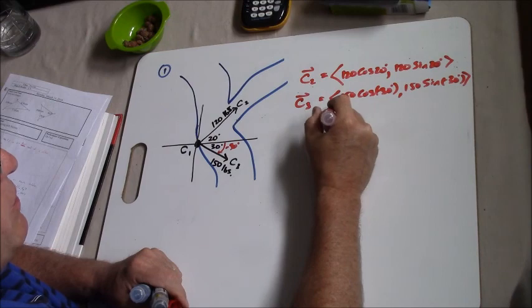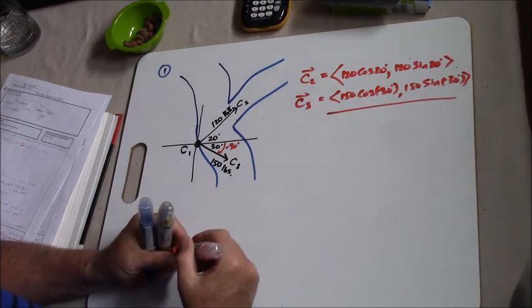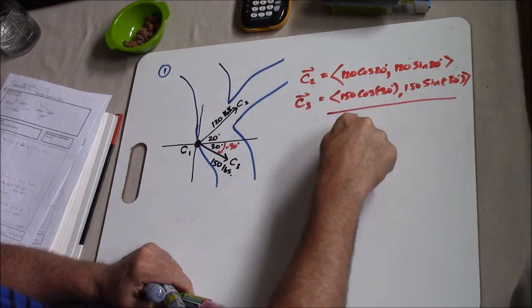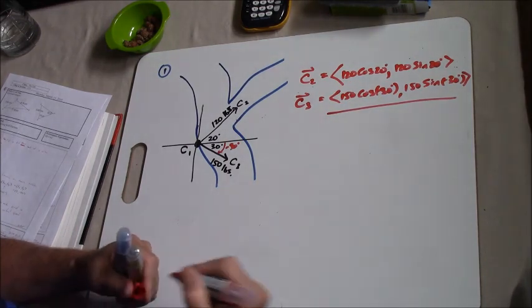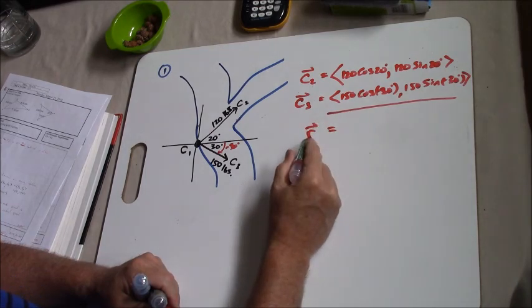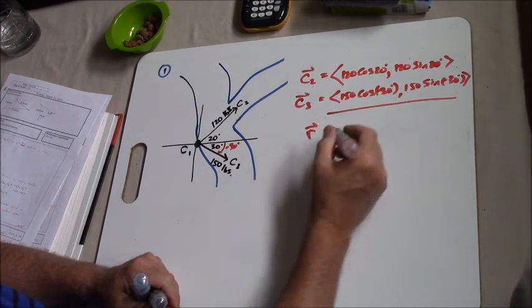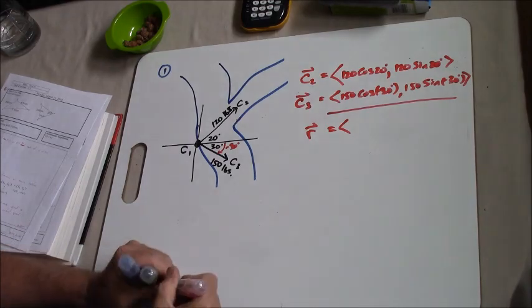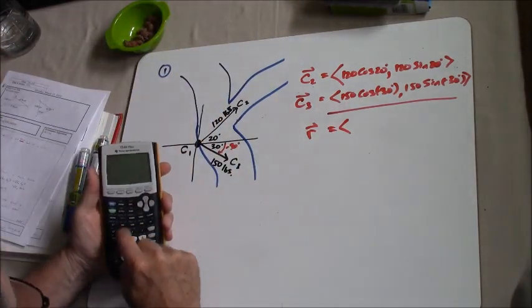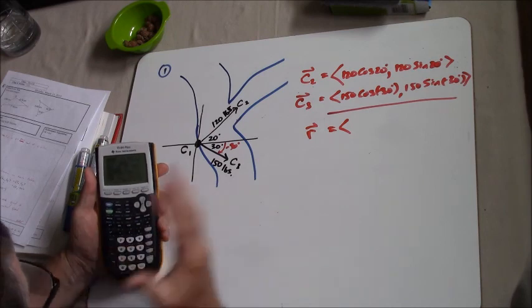And then what we said yesterday is all you have to do to add these together is just do this plus this equals something. So my resulting force, remember how I said we use R for results? I'm just going to grab my calculator. Now I've got to make sure I'm in degree mode, so I'll double check that. I am, so that's good.